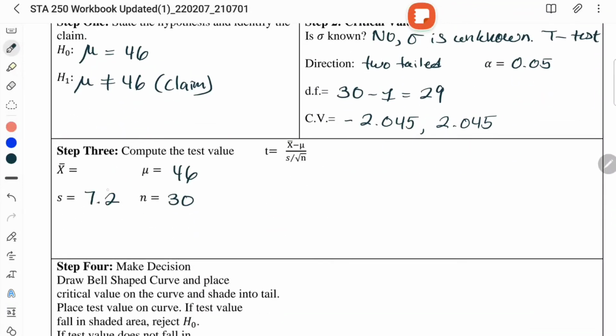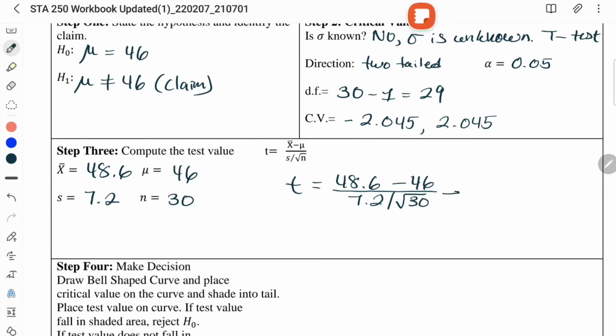And the sample mean age for those 30 doctors was 48.6. So t is equal to 48.6 minus mu, which is 46, divided by s, which is 7.2, divided by the square root of n, square root of 30.